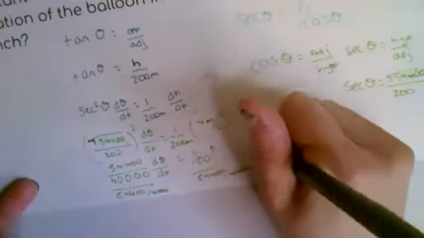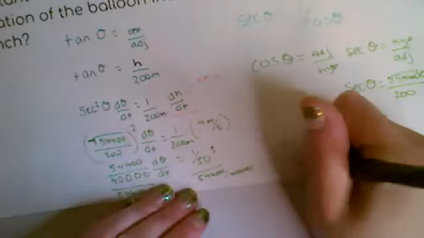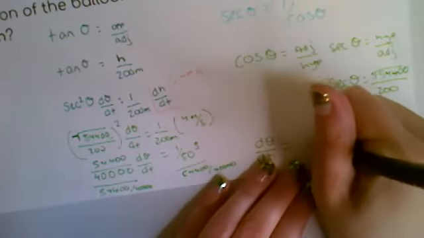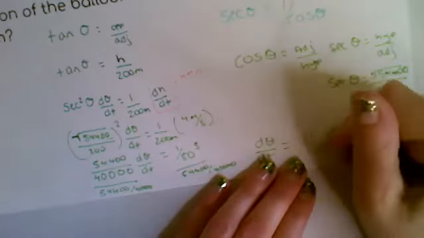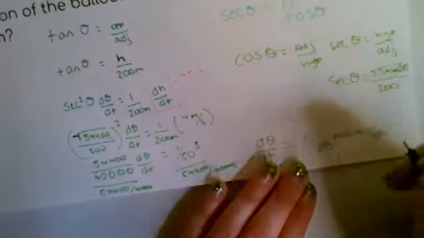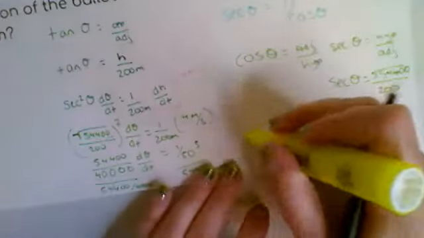So when you do that, you will end up with d theta dt. So my angle is changing with respect to time at a rate of 1 over 68 radians per second. Okay. All right.